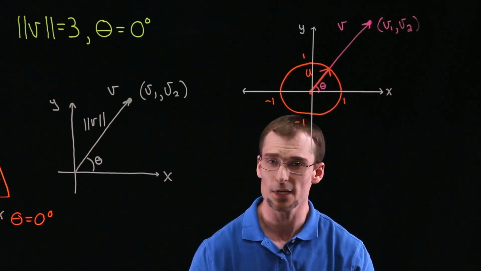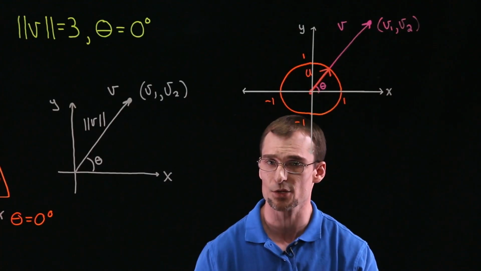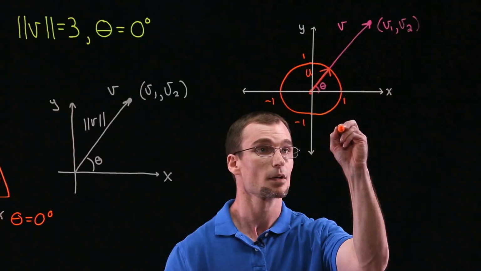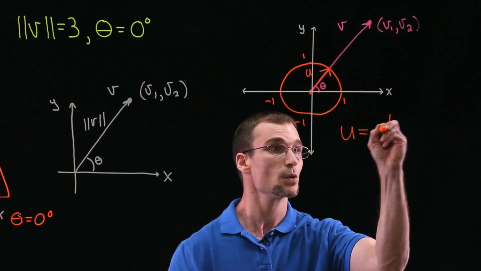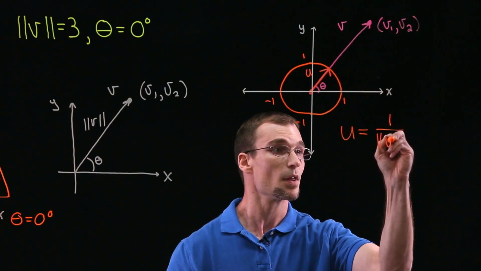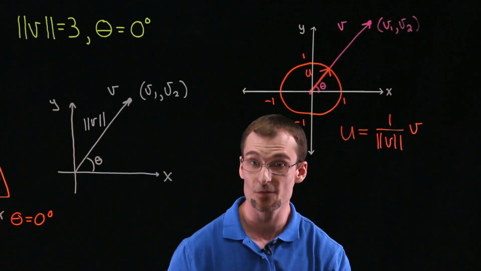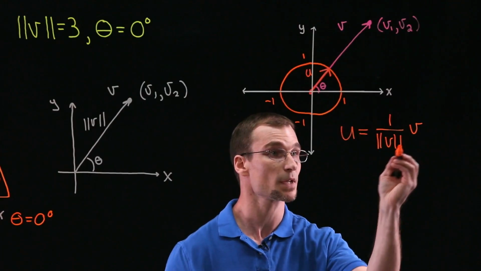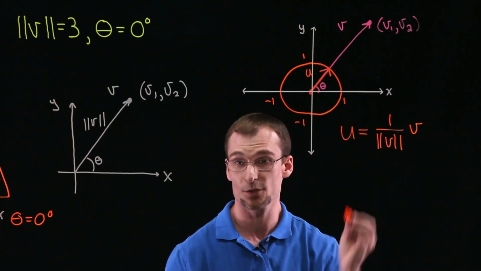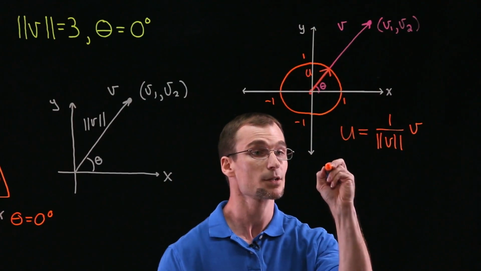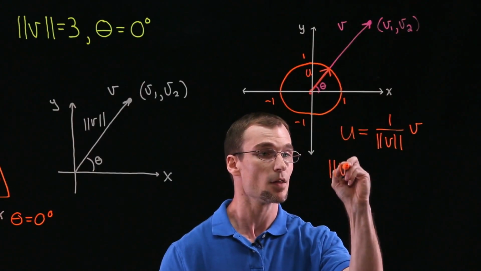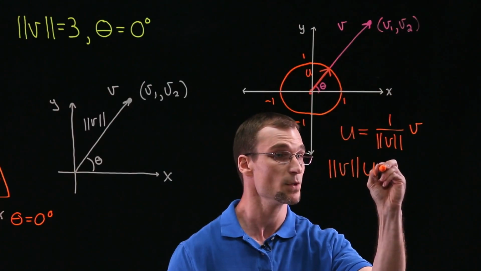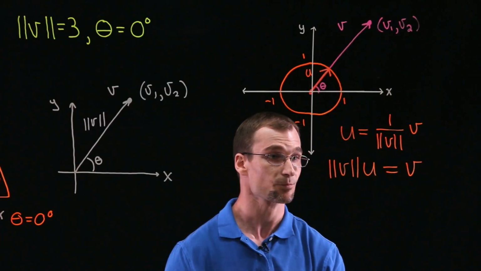We know how to find the unit vector going in the same direction as v, namely with the formula u is equal to 1 over the magnitude of v times v. Now, of course, we're interested in finding v. So rewriting this formula, multiplying both sides by the magnitude of v, which is just a scalar, we get the magnitude of v times u equals v.